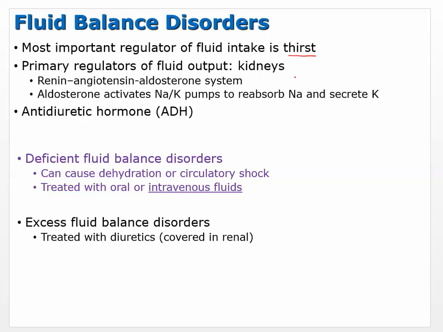And then they can adjust to either cause you to excrete more fluid or electrolytes, or reabsorb and maintain those fluids. It does this primarily through the RAA system, the renin-angiotensin-aldosterone system, and aldosterone activates sodium-potassium pumps, which causes you to reabsorb sodium and secrete potassium, and then of course the water will follow that sodium, and sodium and chloride.